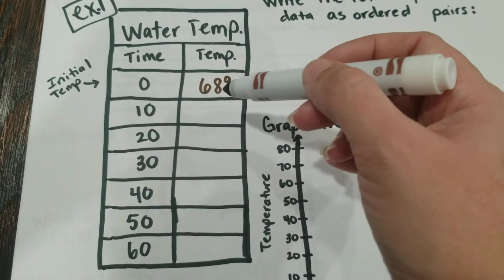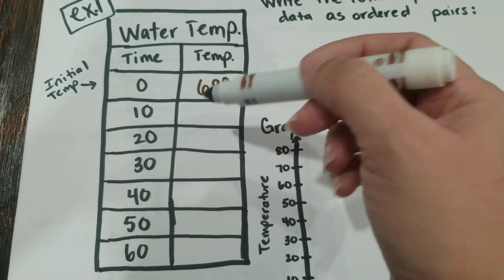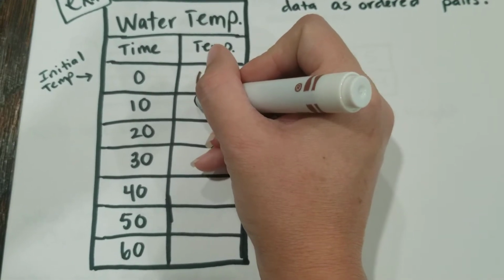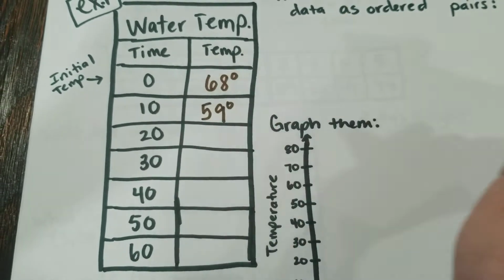So let's say they add that ice and they start a timer, and then 10 seconds after adding ice, they take the temperature again, and now the temperature went down pretty good. It went down to 59 degrees. Okay.